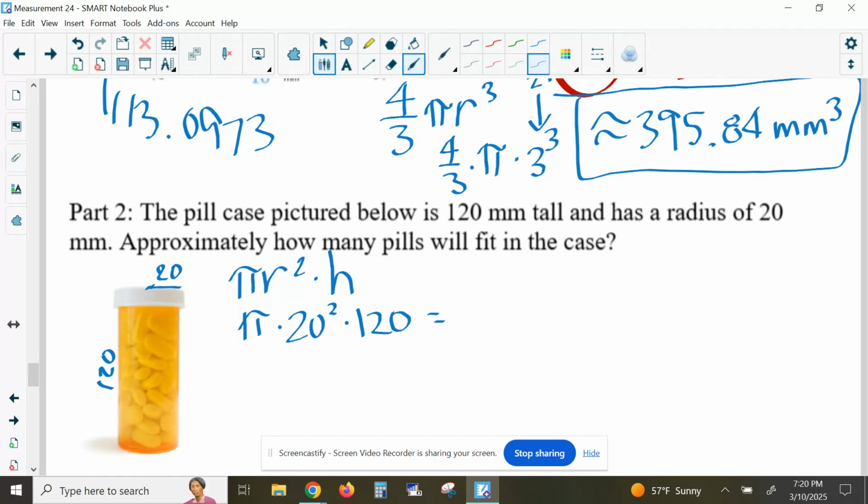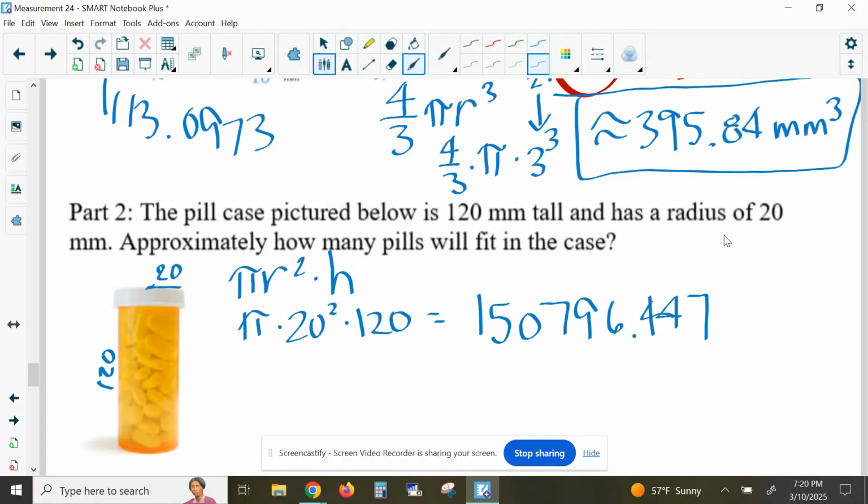I got a big number, 150,796.447. Remember, I'm not going to round till I get my very final answer. I like to have lots of digits while I'm doing my work.